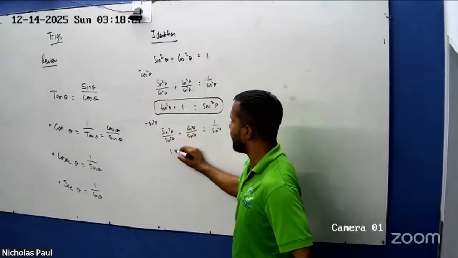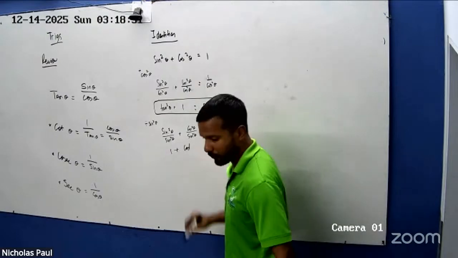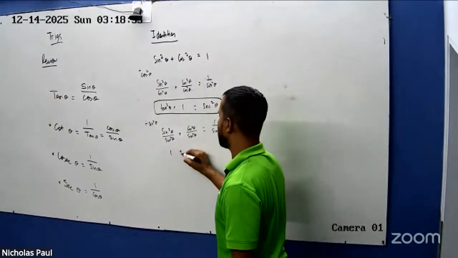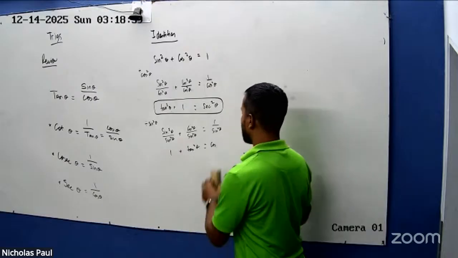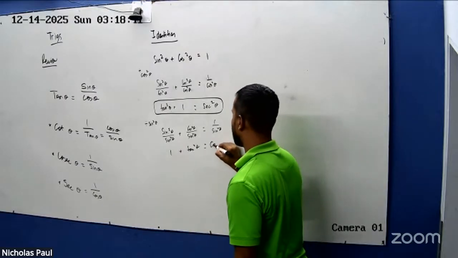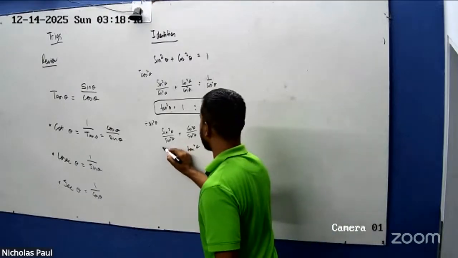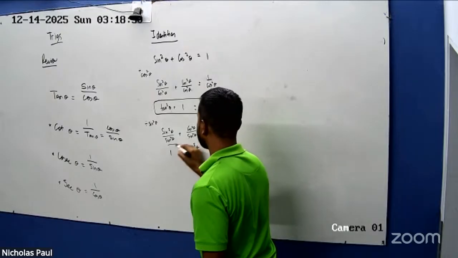This is 1. This is cot squared. And this is cosec squared. Right? Again, a next new identity.